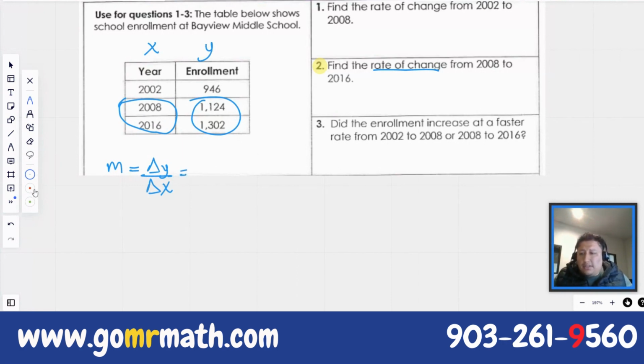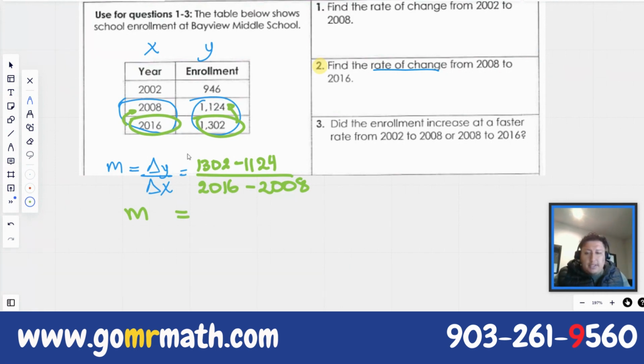So how do we calculate the change of y? We just take the current number minus the previous one, which will be 1302 minus 1124, and all this divided by the difference in x. We'll have 2016 minus 2008. So this is the rate of change, which is the slope.